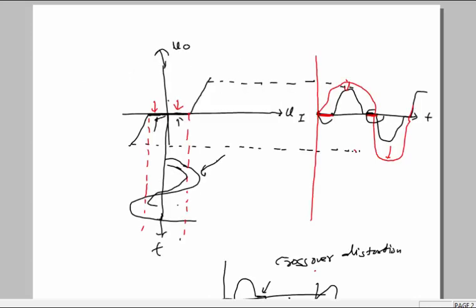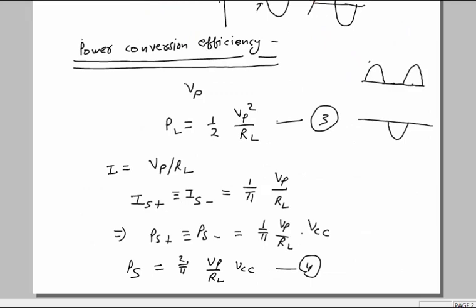Now how do we find the efficiency? The efficiency will be given by eta equals PL by PS, both of which we just obtained. So it will be half Vp square by RL, which is the PL. You can see here in equation number 3, PL equals half Vp square by RL. What is PS? 2 by pi Vp by RL into VCC.